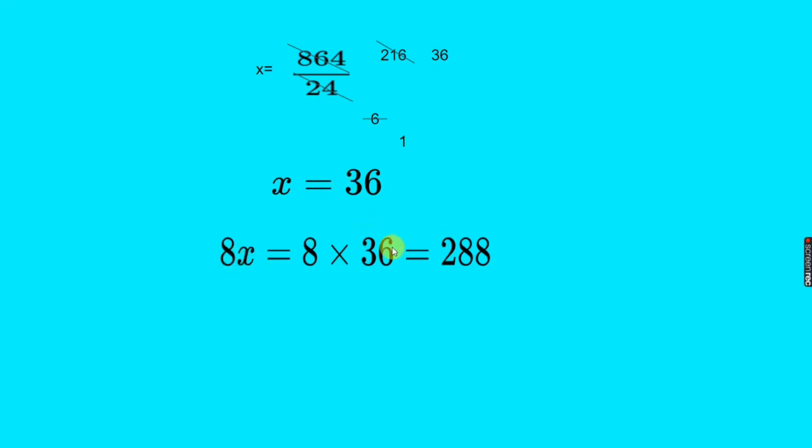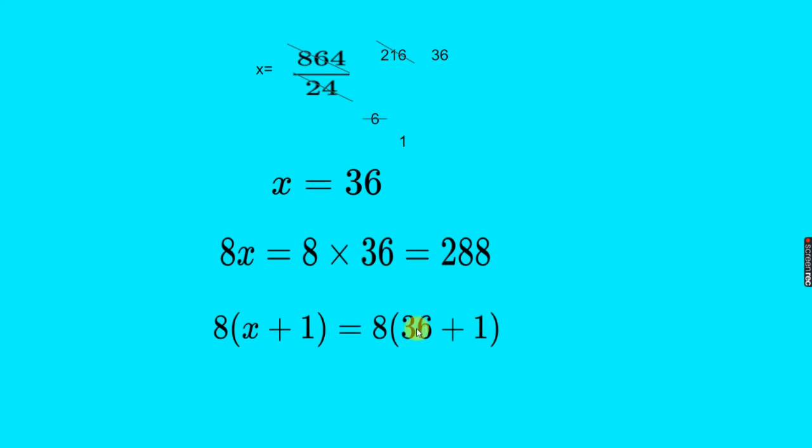So 8 multiplied by 36 is equal to 288. Our next consecutive multiple of 8 is 8 into x plus 1, which is 8 into 36 plus 1.